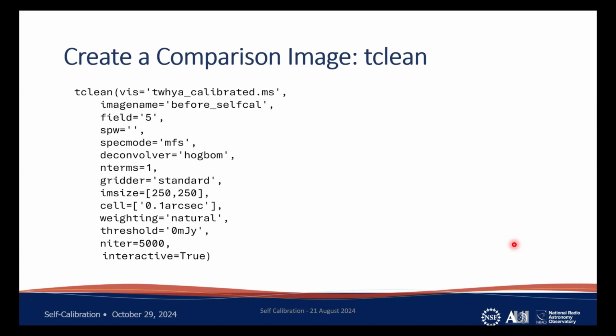Just to mention, this command is actually completely the same, except that now the rating is being set to a different value. We could also compare with the continuum image we just constructed.